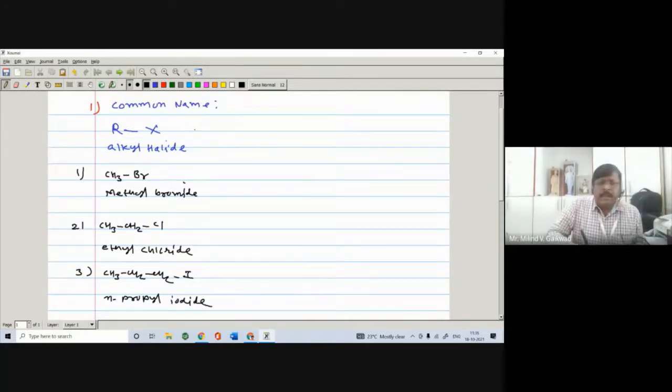Right? Now in the IUPAC nomenclature, in this way you can write the other name also. So one is the common name and the other is the IUPAC name. So in the IUPAC name, what do you do? We have to select the longest continuous chain containing carbon atoms, and see how many carbons are there, and then write down the corresponding name of the alkane.